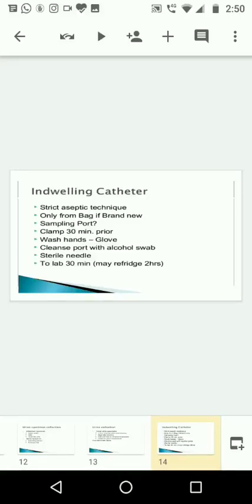Before taking a sample, you should clamp the tubing of the catheter. Then wash your hands, wear gloves, and cleanse the port with an alcohol swab, and you can also use a betadine swab. Then use a sterile needle and send the sample to the lab within 30 minutes.